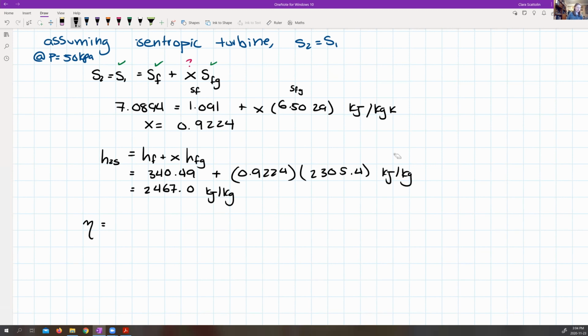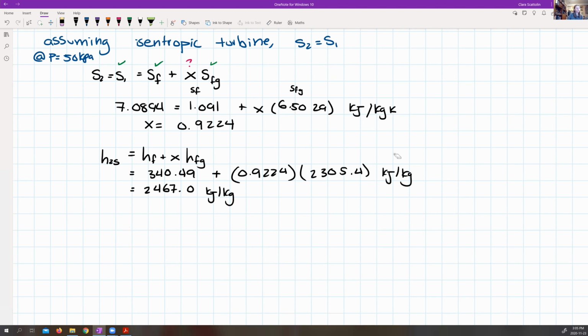So my isentropic efficiency is defined as my actual work, or my actual enthalpies, right? So we're going to be talking about the actual enthalpies over the isentropic ones. We're going to be talking about actual work here and isentropic work.